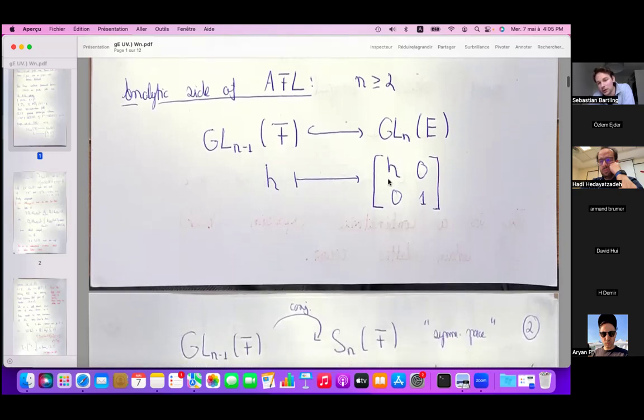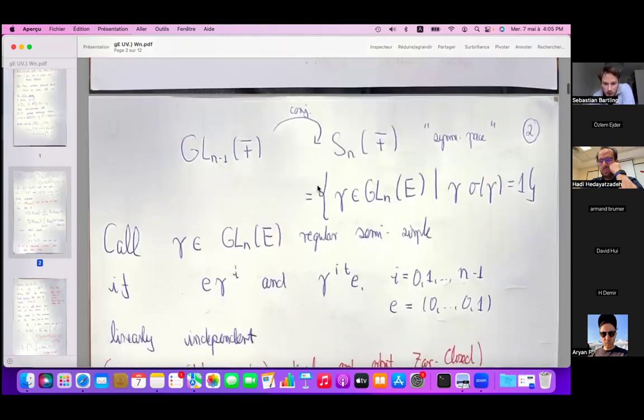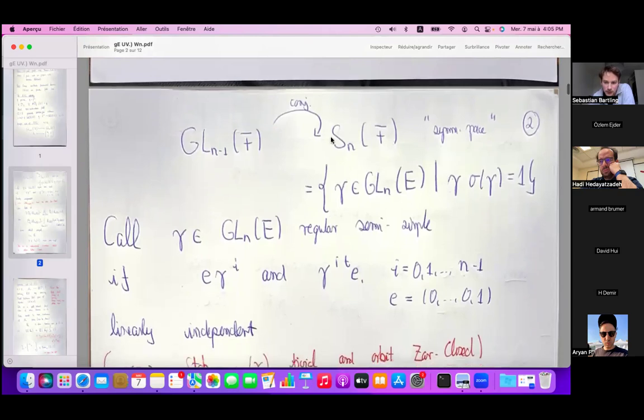To explain these orbital integrals, we look at the inclusion of GL_{n-1}(F) into GL_n(E), where I take a matrix and put it into the upper left corner, and put a 1 in the lower right corner. Then I can look at what people usually call the symmetric space in this literature, S_n(F). These are elements gamma in GL_n(E) with the property that gamma times sigma of gamma is the identity.